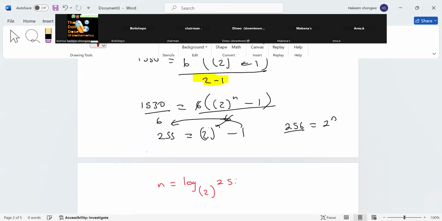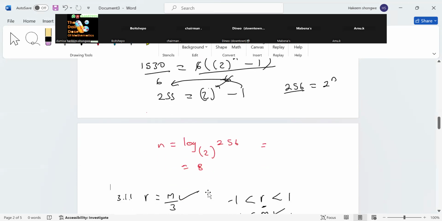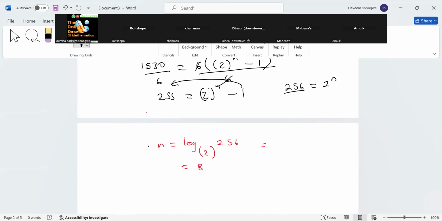Calculating, we get 8. So n is 8, but we're not looking for n. Maybe that's the mistake. Remember that our n is equal to P minus 1, so we substitute P minus 1 for n. Our P is equal to 9.